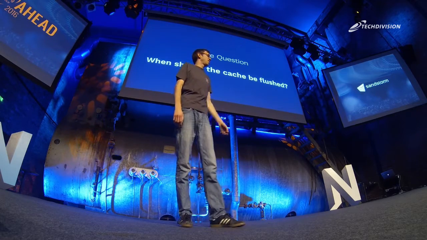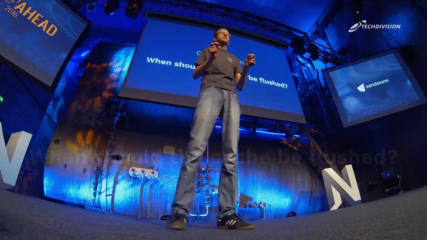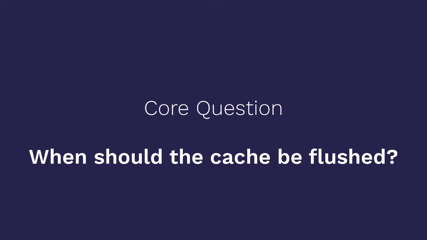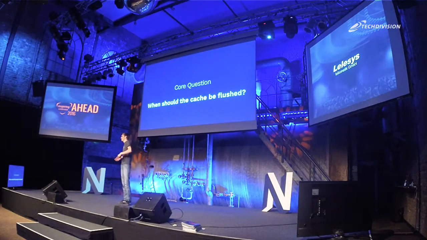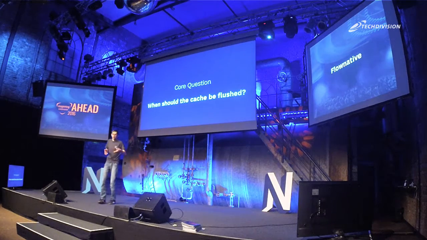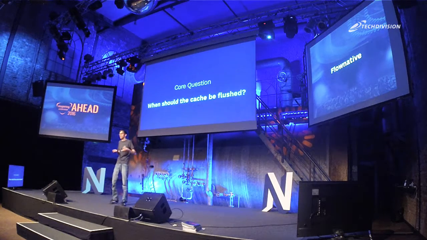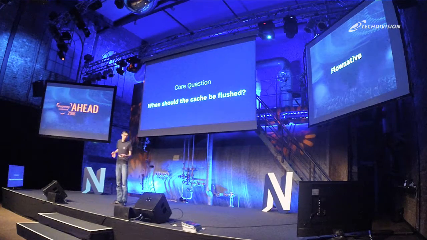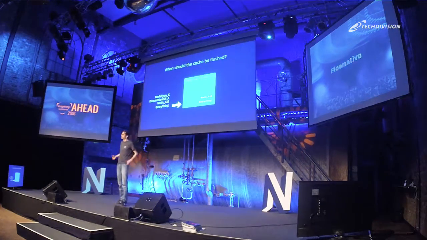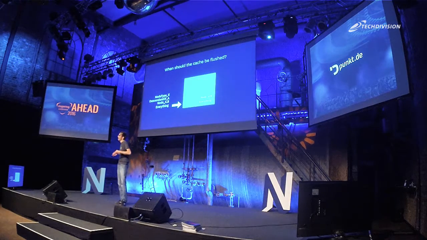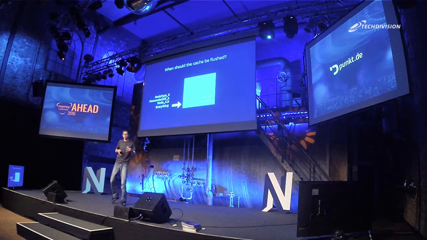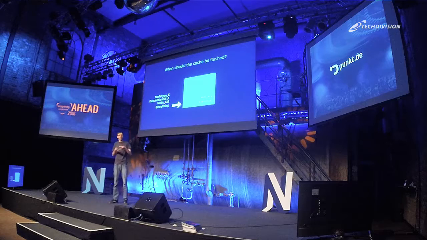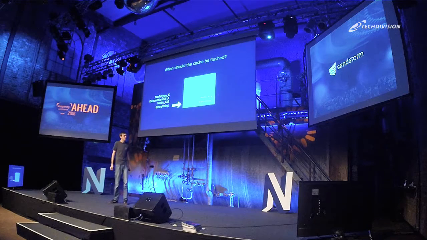So that means the core question we need to solve is, when should a cache be flushed? So empty the cache again so that it gets rebuilt on the next request. And I think that is the most difficult part in Neos, or the most difficult part about caching in general. I'll try to explain it, although it's conceptually easy, but it's pretty difficult to wrap your head around from time to time, also for me personally sometimes.